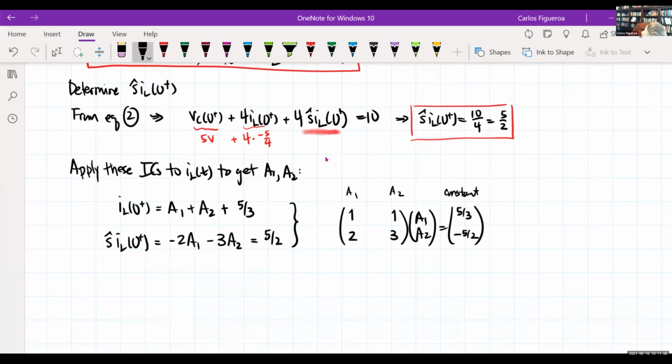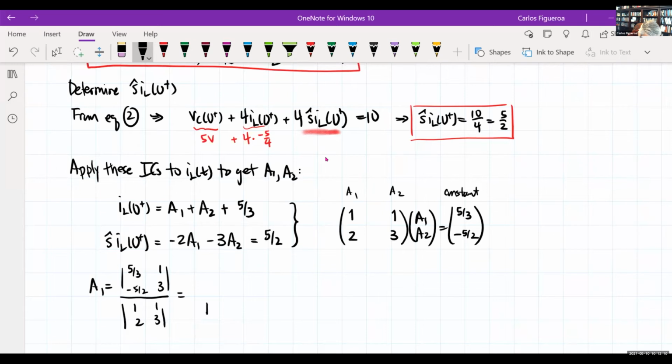So let's go calculate A1. So A1 is then going to be what? I'm going to replace the coefficients with the constants for A1. So then this should be 5/3 minus 5/2. And then this should be 1, 3. Then I've got to take the determinant of the coefficients, which will be 1, 2, 1, 3. So if I look at the denominator here, it's going to be 3 minus 2.